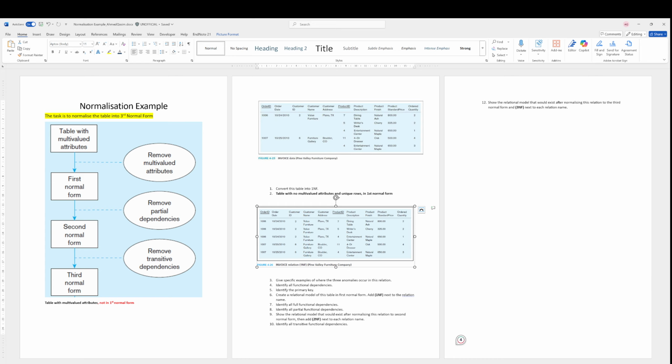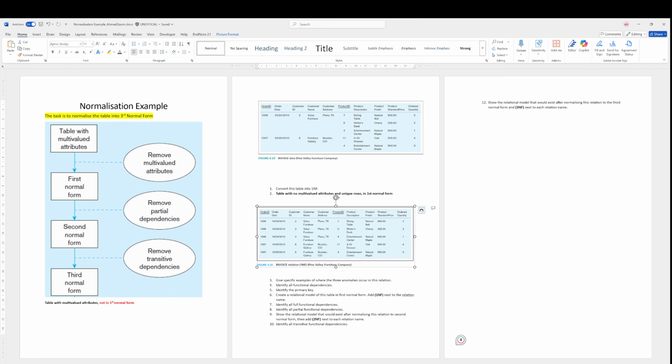These are mainly update, insert, and delete. What does that mean? If I want to update the price for, let's say, product ID number 4, and I update that here, and I did not update this one here, then you will come across an issue with the system. So this is one of the issues.